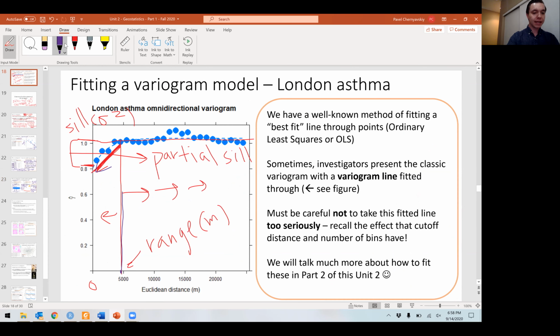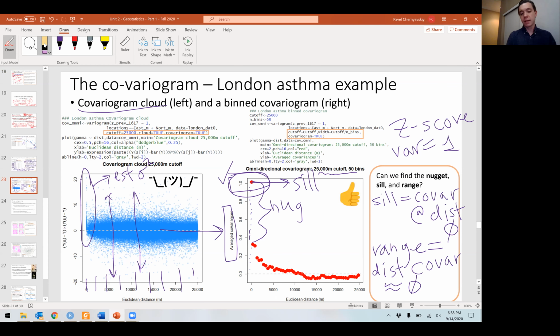But recall that we have noisy data. If you think about the line, this is 0.2, so this is a covariance of 0.2 with a variance of 1. So this right here is actually a correlation of 0.2. These are covariances, but our variance is 1. Correlation is covariance divided by the variance. So because we're working with a z-score, these numbers on the y-axis are also the correlations.